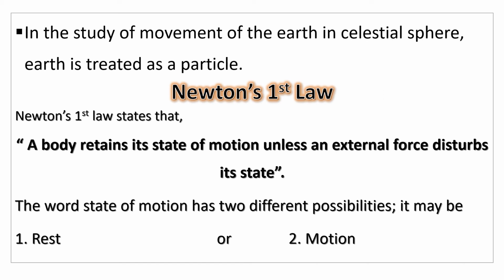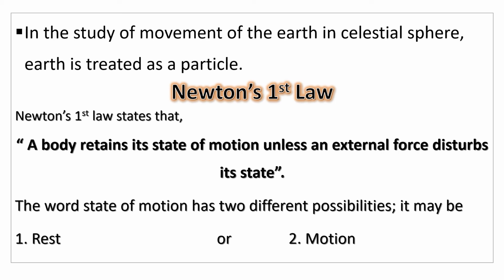Now, as we are discussing Newtonian mechanics, we will discuss Newton's first law of motion. It states that a body retains its state of motion unless an external force disturbs that state.